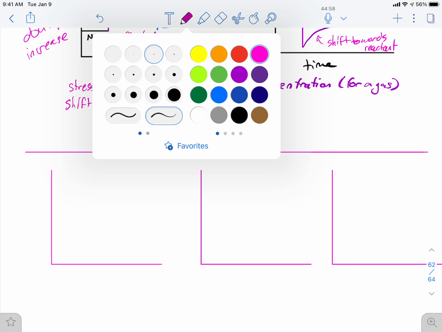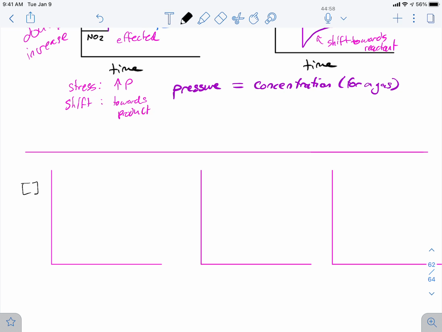So we're just going to focus on concentration, concentration, concentration, and we'll just get 2 lines here. Copy, paste. Okay. I'm going to put a big R here and a P for reactants, products, reactants, products.